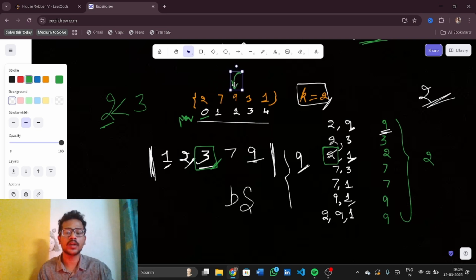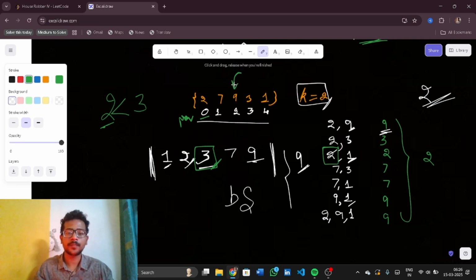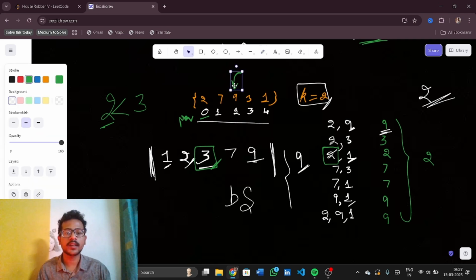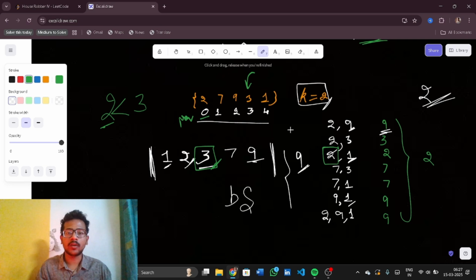So I'll go to the next index, which is 2. 2 minus 0 is greater than 1. Now 9, can I take it? No, I cannot, because 9 is greater than 3. So I'll skip this and go to the next element, which is 3. Now 3 is lesser than or equal to 3.